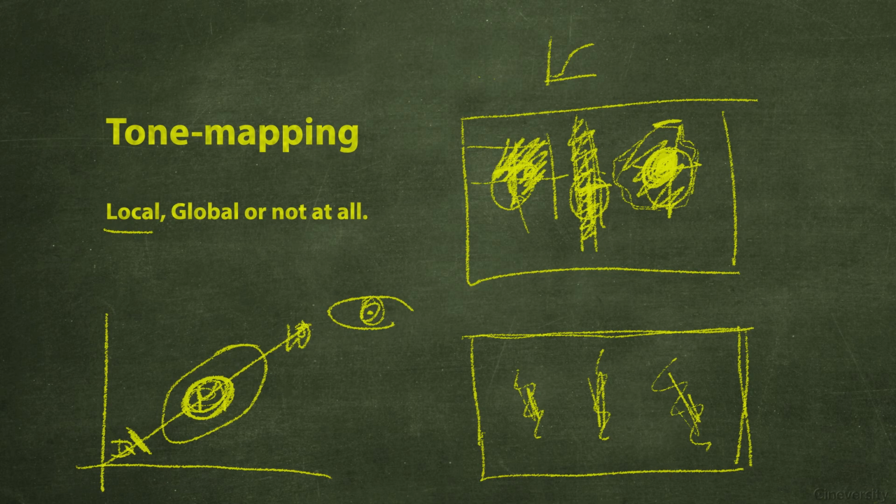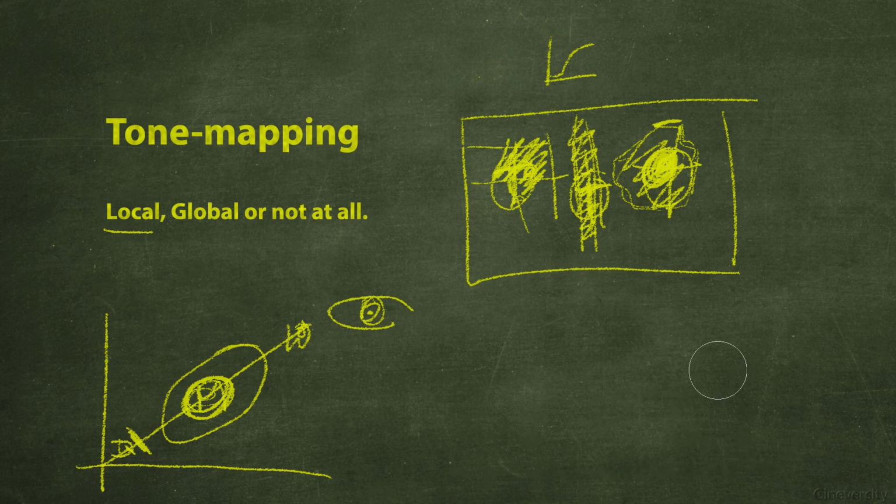So why do I say that we don't want to have it? Okay, I need a little bit of space here. And as we have seen here, we have our local adaptation from the eye. Again, the eye. The eye looks here, the eye looks there, and there. Just three examples.